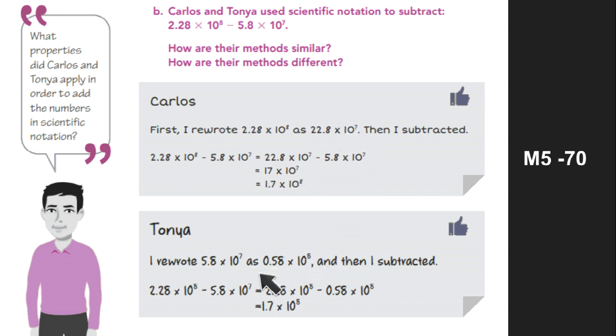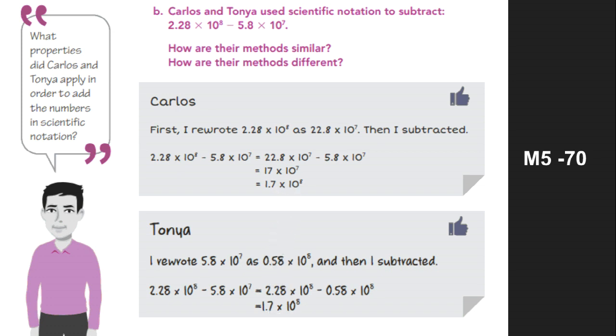Then she did her subtraction because she had 2 numbers with the same base of 10 to the 8th power. So she took 2 and 28 hundredths and subtracted 58 hundredths and got 1 and 7/10 times 10 to the 8th. That was already in okay scientific notation, so she didn't have to do any work with her answer.